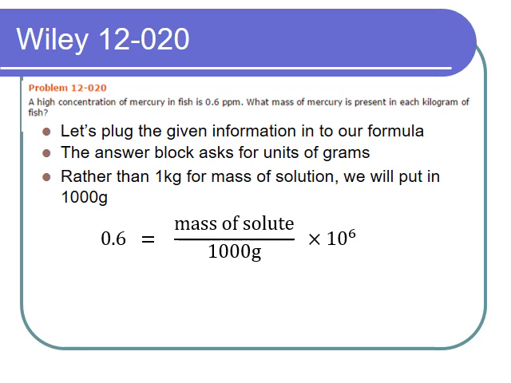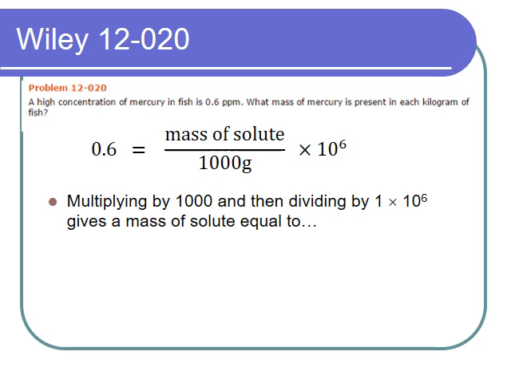We have one equation, one unknown. We're just going to use some algebra and solve for our mass of solute. We're going to multiply by 1,000 and divide by 1 times 10 to the 6th. I'll give you a minute or so to do that.